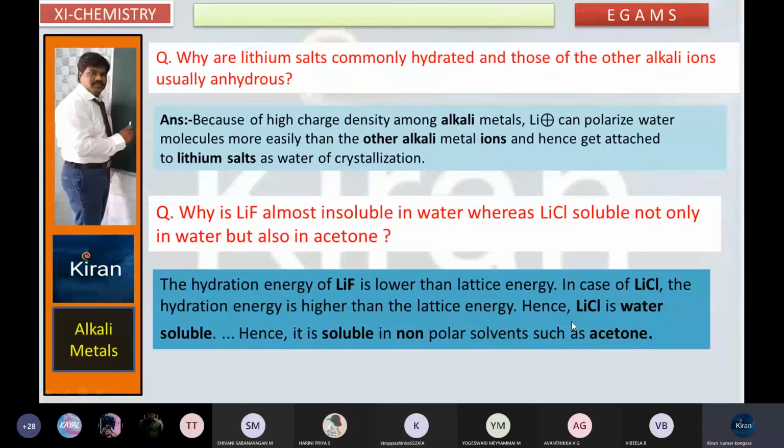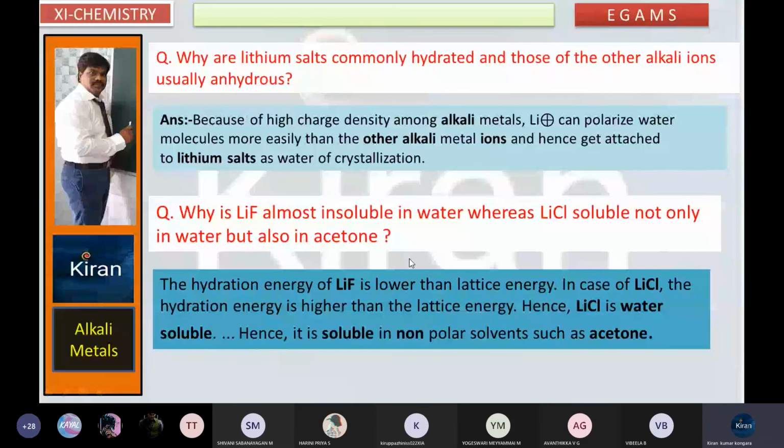Hence, lithium chloride is water soluble and it is also soluble in non-polar solvents like acetone and benzene. Water is considered a polar solvent. The hydration energy of lithium fluoride is lower than the lattice energy, as we have explained in the concept.